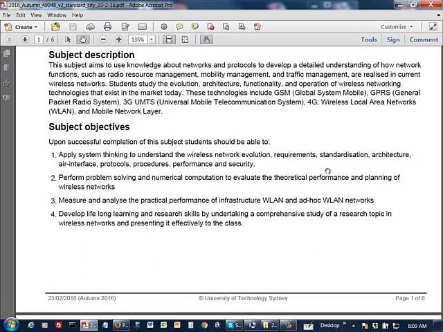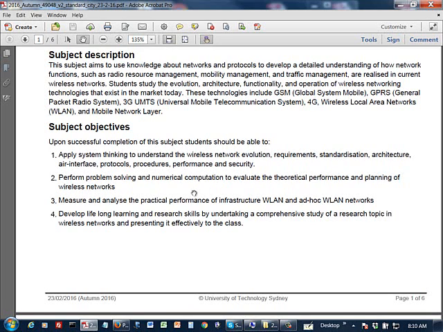The objectives of this subject is that once you learn about the various technologies, you should be able to apply system level thinking to understand how the wireless networks evolved, what are their requirements, how are they standardized, and also about architecture.